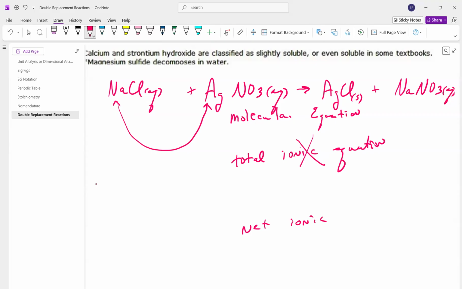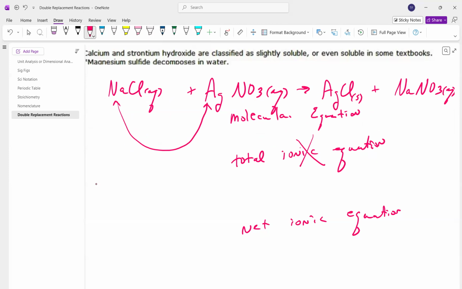Now, the last equation is called the net ionic equation. Okay, what that means is, did something happen when we put the two solutions together? Yes. We had silver chloride form a white precipitate, or a white solid. So the net, what does the word net mean?